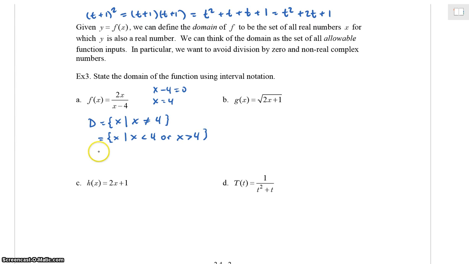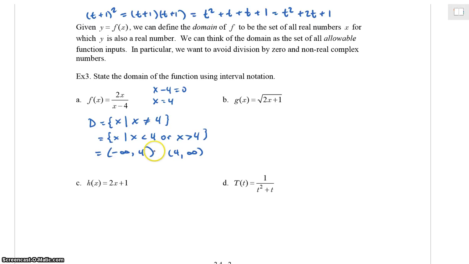Now, the values less than 4 are expressed in interval notation as minus infinity to 4 with a parenthesis, meaning that the 4 is excluded from the set. x greater than 4 is expressed as parenthesis 4 to positive infinity. Notice the infinity symbol always takes a parenthesis.